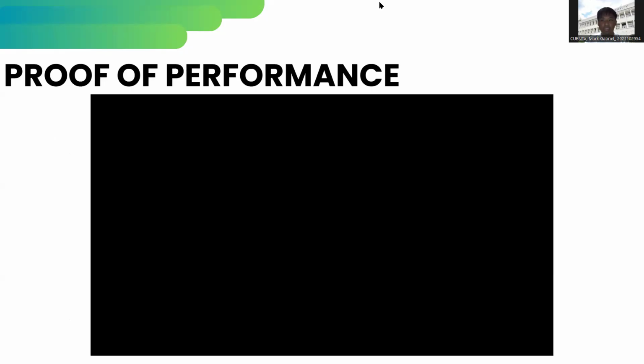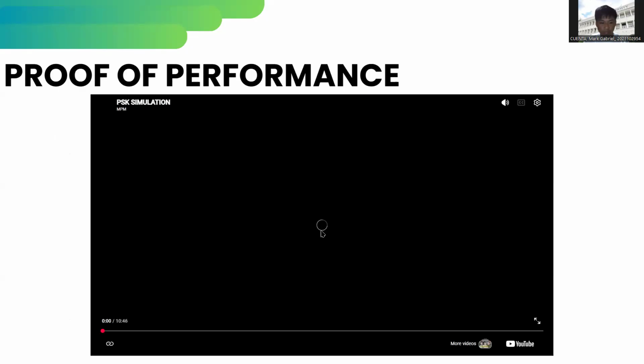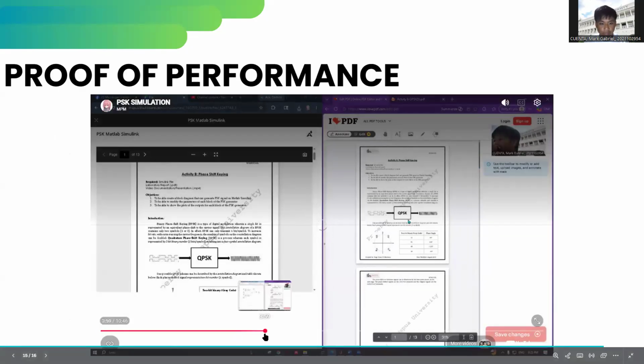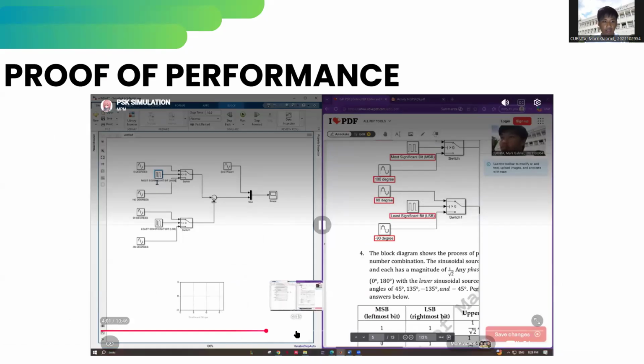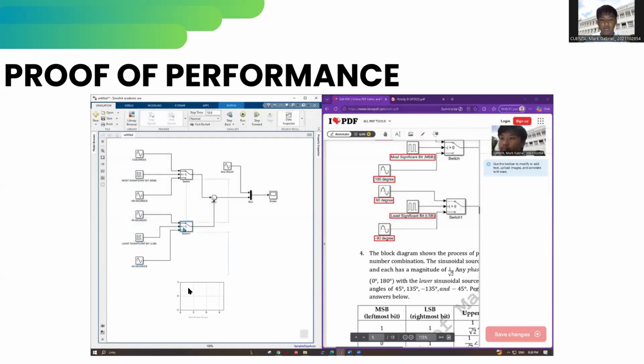This is my proof of performance of this activity. As we can see, we did the block diagram demonstrated to us in the datasheet. Again, I used a dashboard scope to see the output data without clicking the scope.